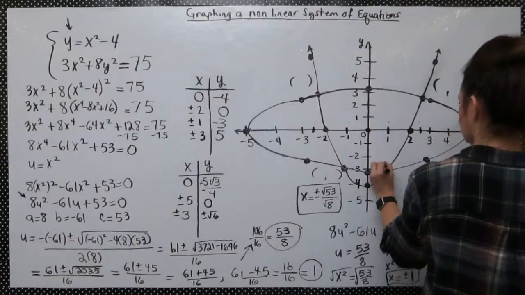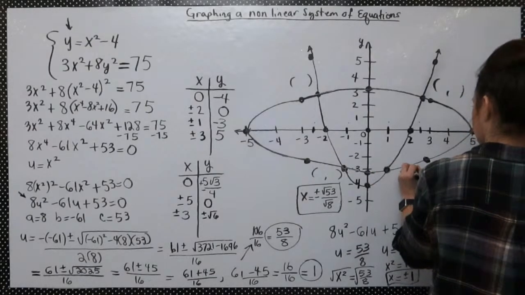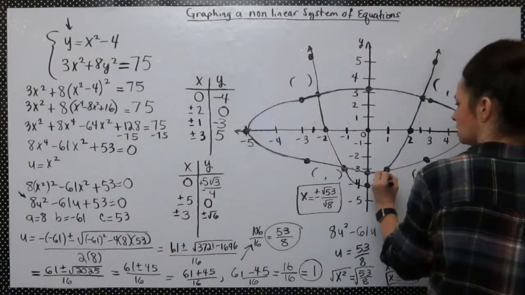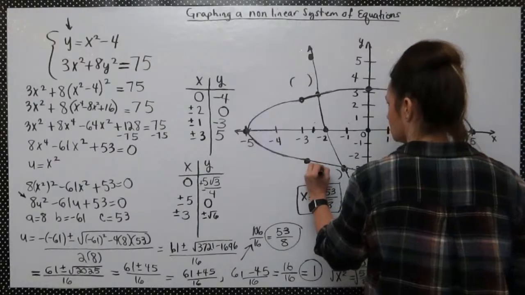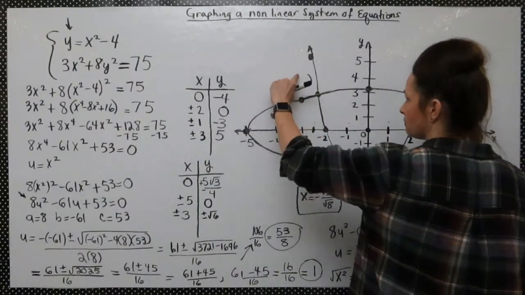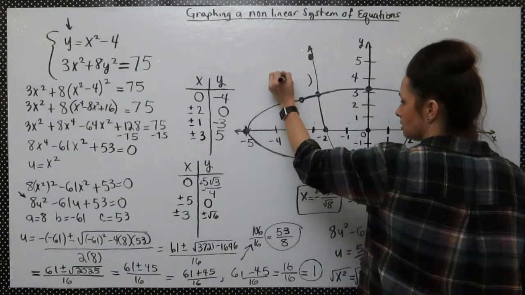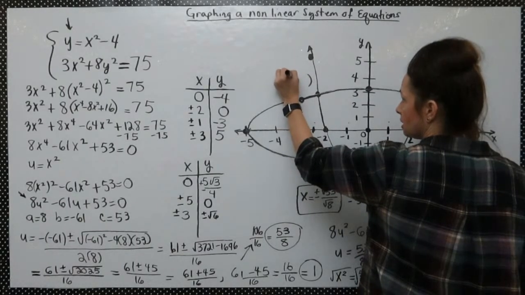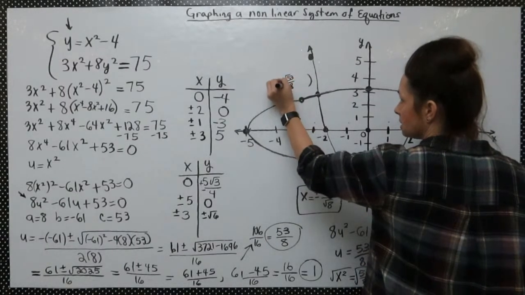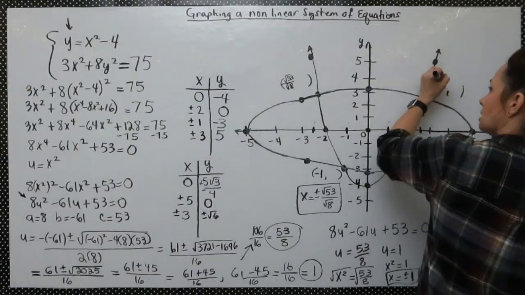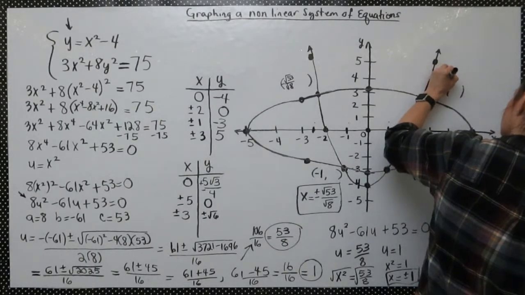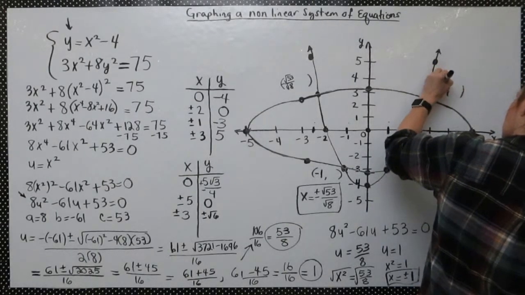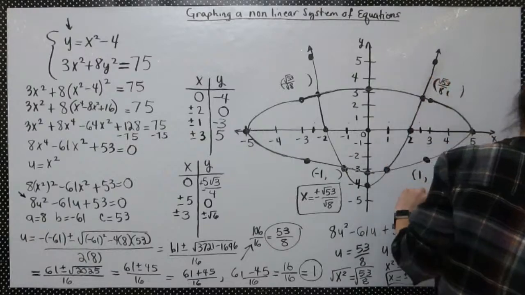So x is positive 1, x is negative 1. And then this one's probably the 53. Make that a little bigger. Negative radical 53 over radical 8, and positive radical 53 over 8.